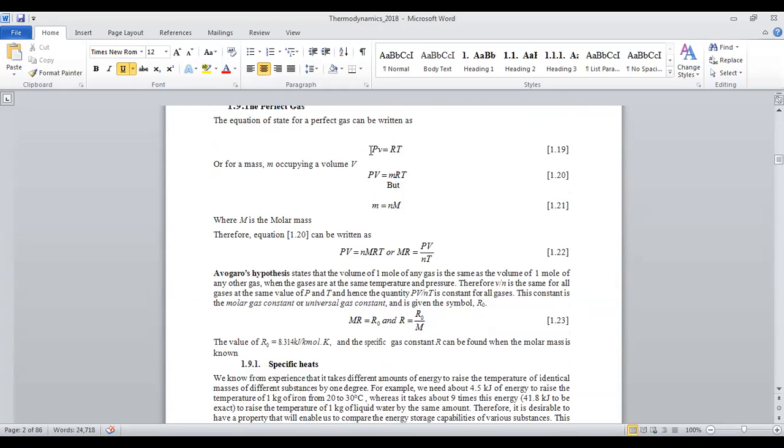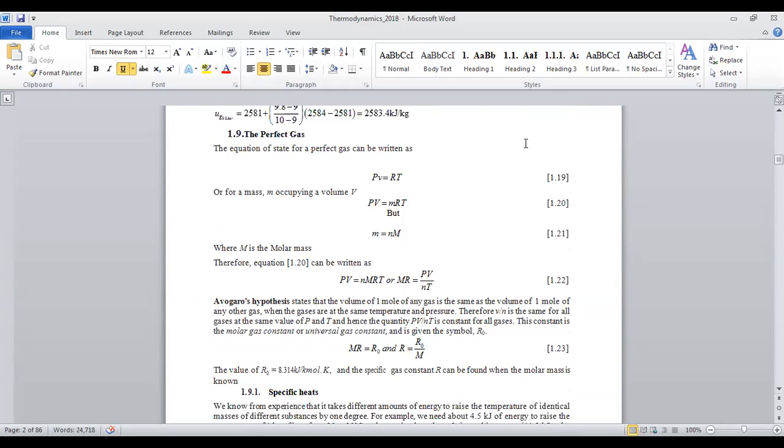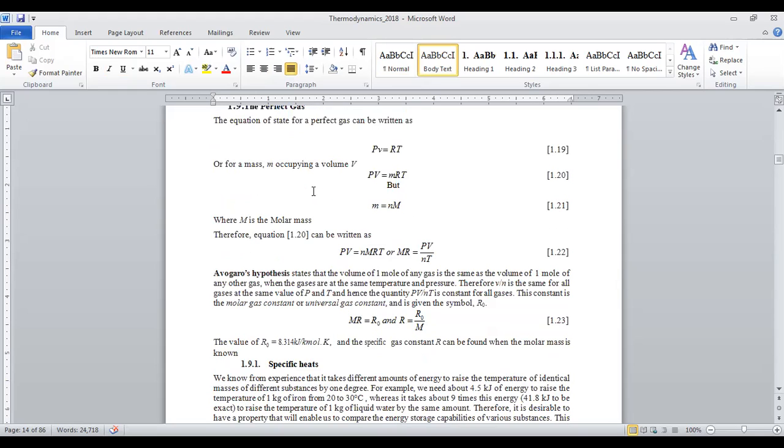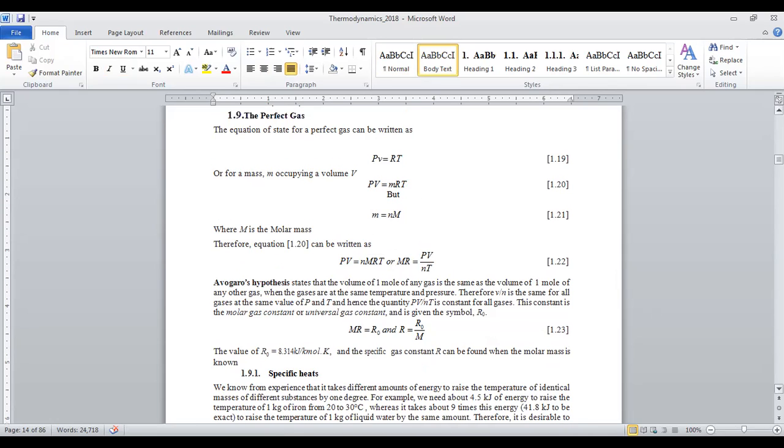This is about perfect gases. You have to understand this.